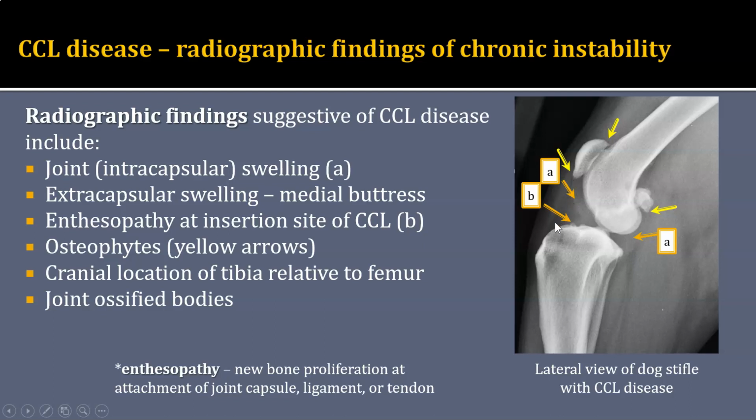Remember that there is a more lucent fat opacity of the infrapatellar fat pad, and that fat pad actually goes really close to the joint articular surfaces. And in fact, usually the soft tissues of the joint will not go beyond this margin of the condyle. So as soon as you see soft tissue going up to the level of the trochlear ridges, then we should start to think that there's probably some swelling.